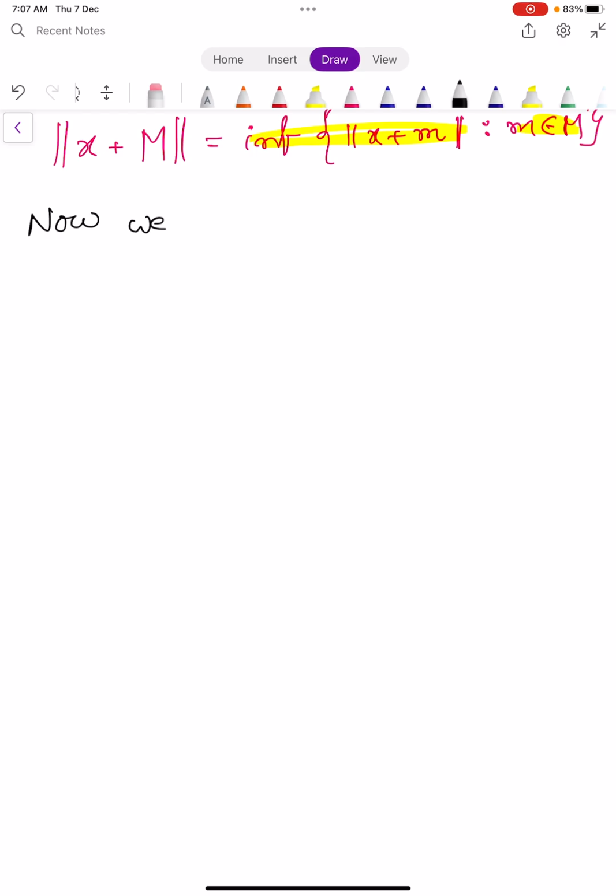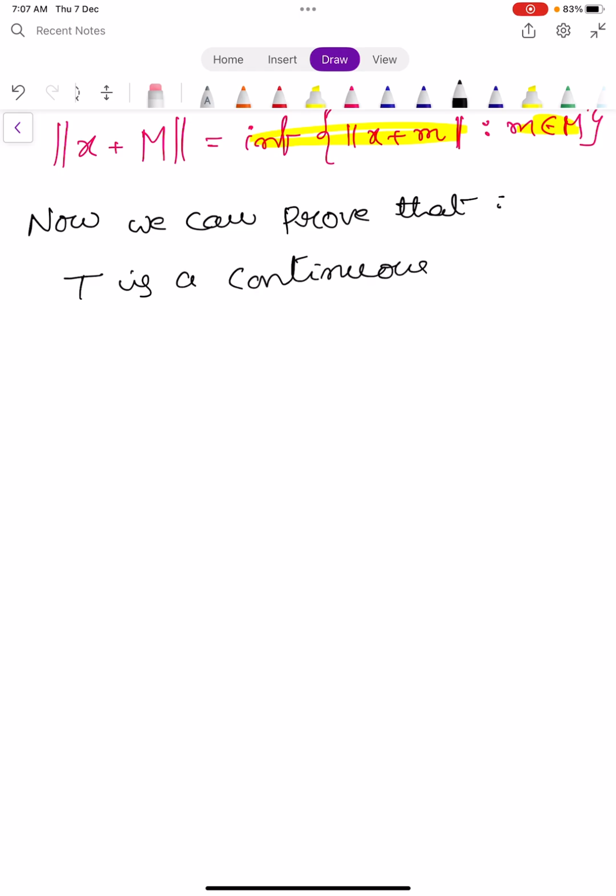Now we can prove that capital T is a continuous linear transformation.